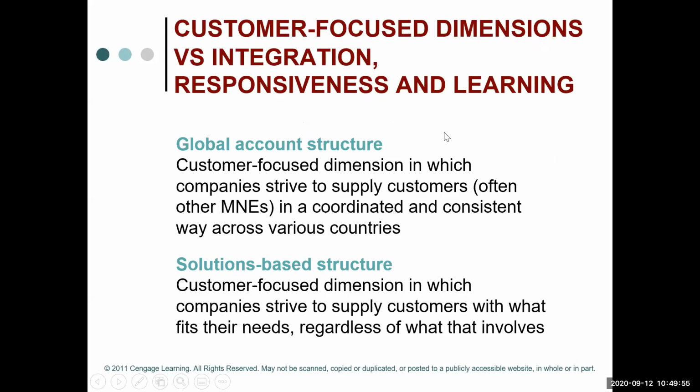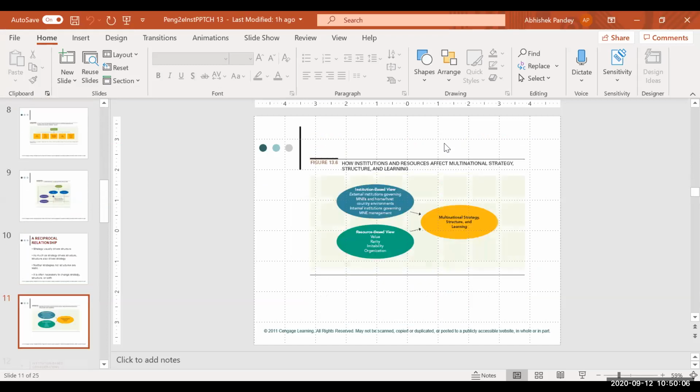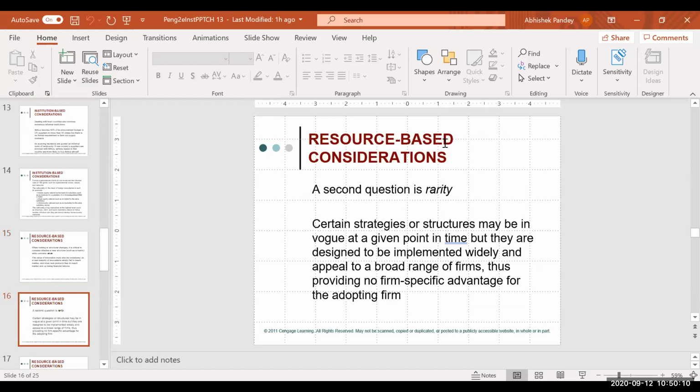So the subsidiary may have a CEO, but the parent holding company will also have a chairman that the CEO should report to. Generally that's what happens.